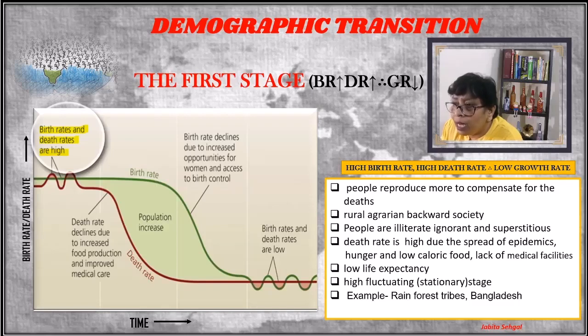Thus, unhygienic conditions, poor diet and lack of medical facilities are the reasons for high mortality rate in this stage. This stage is also called high fluctuating stage because both birth and death rate are high and both are fluctuating. Sometimes the birth is more than the death or sometimes the death is more than the birth.